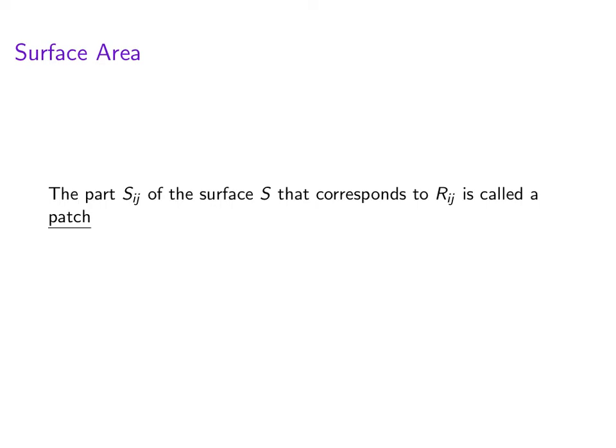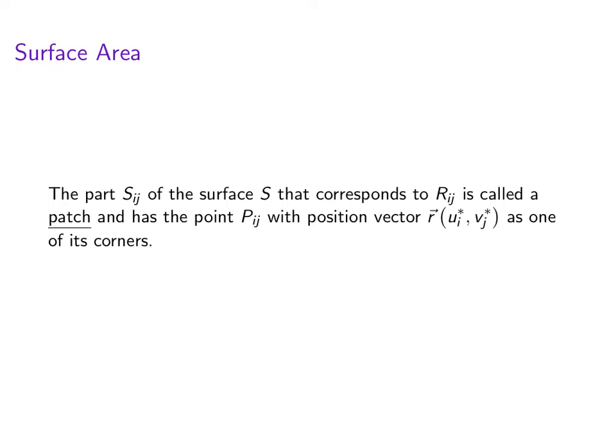So the part of the surface S that corresponds to the rectangle is called a patch. It's close to a rectangle, but is not exactly a rectangle. This patch has the point P_ij as one of its corners. We can use the vector r of u_i star, v_j star as a vector pointing to one of those corners. And then we're going to define r_u star and r_v star.